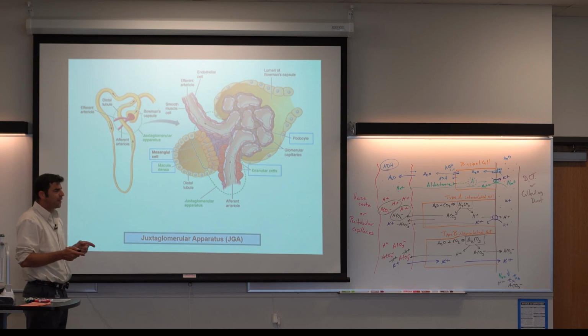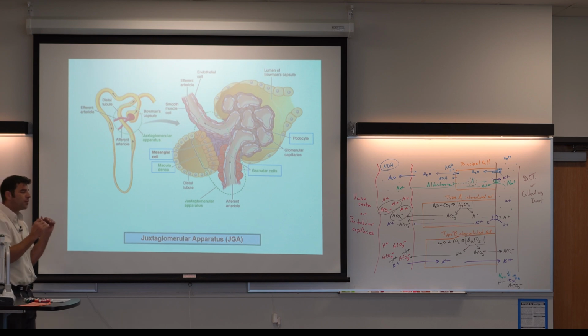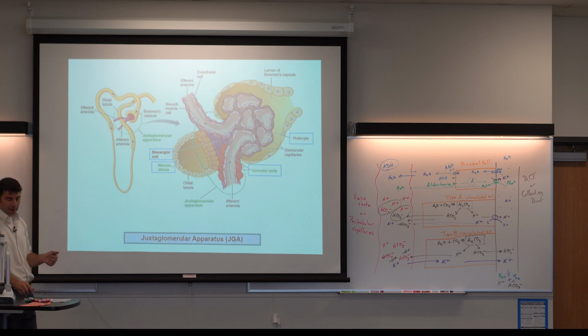About filtration, we said podocytes can adjust filtration rates, but there's also this built-in mechanism that we had mentioned earlier that's built into the kidneys that can sense if filtration rates drop too low. And they can respond by doing several things that boost filtration rates.